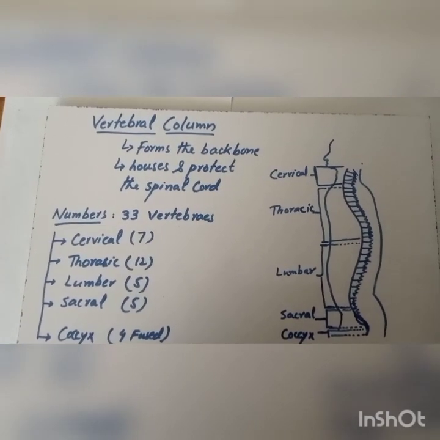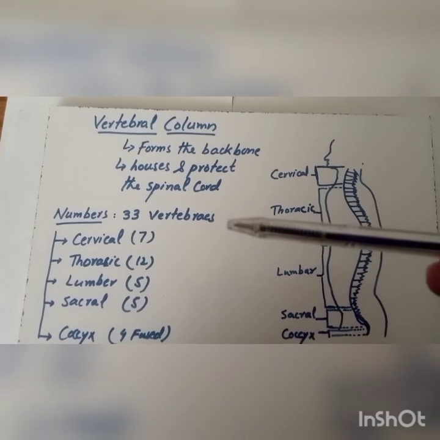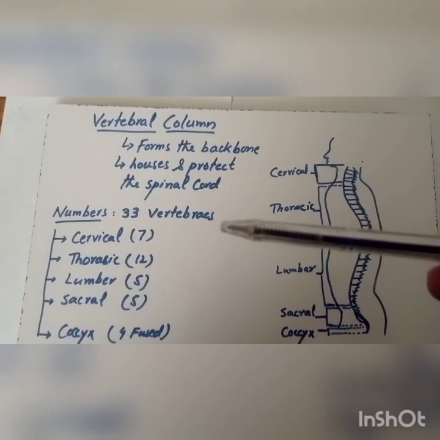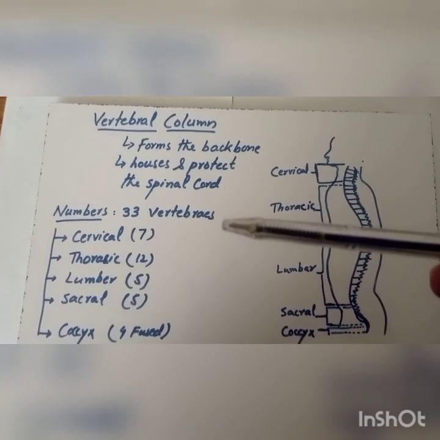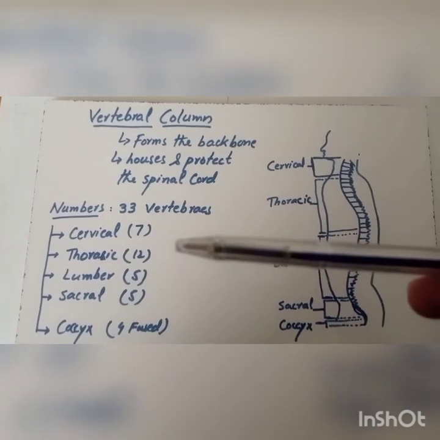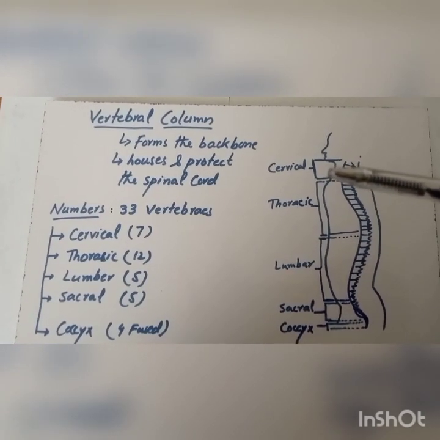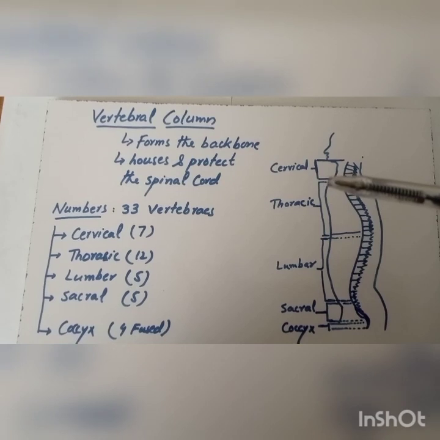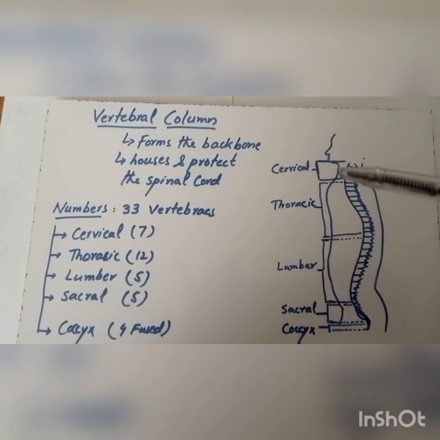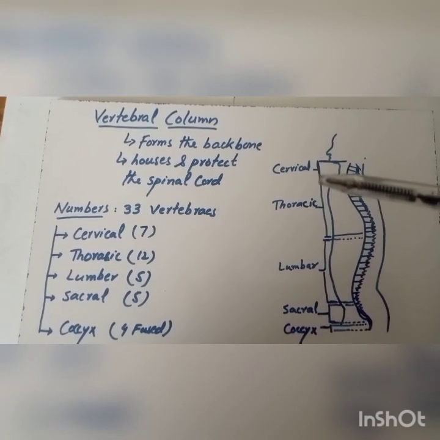In humans, there are 33 vertebrae present. In the cervical region, 7 vertebrae are present.